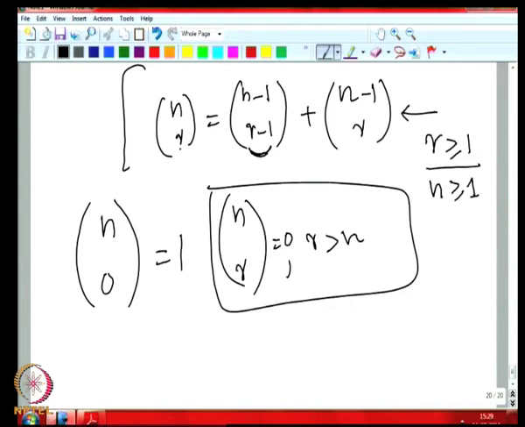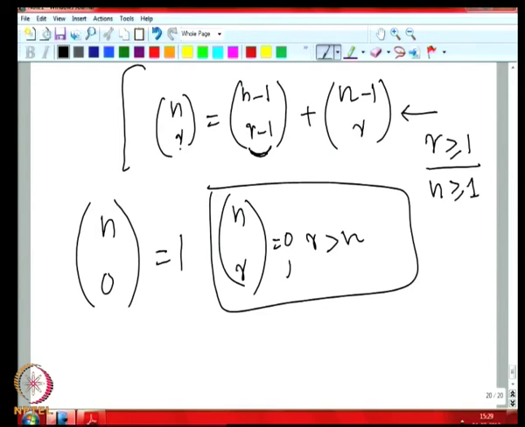So, for instance, if r is bigger than 1, then it will be 0. So, what happens is, we will be taking something bigger from 0 objects, and then both are zeros, right.